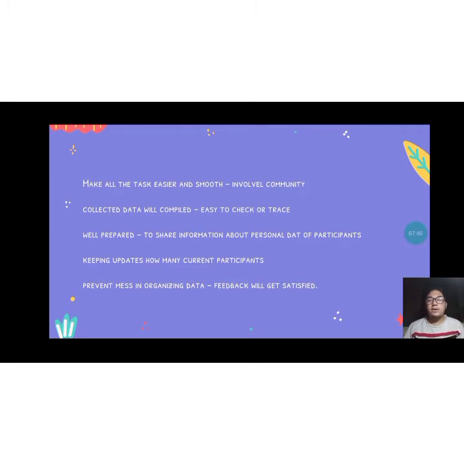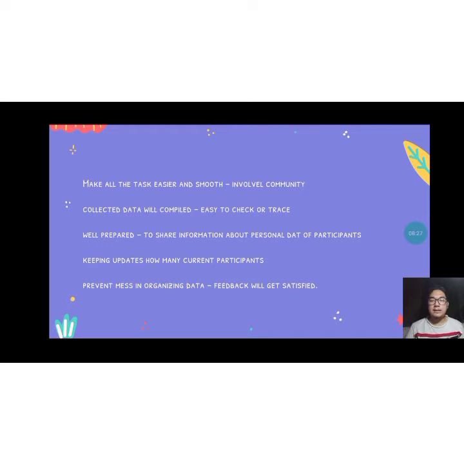Our department will always be ready to give information about the personal data of participants if other departments ask for it for their certain tasks, such as the Department of Customer Welfare, who will ask for their names and phone numbers to contact the participants to remind them about the fees that need to be paid before the due date, or another reason, such as keeping updated on how many current participants there are if asked by other departments of the organizers.